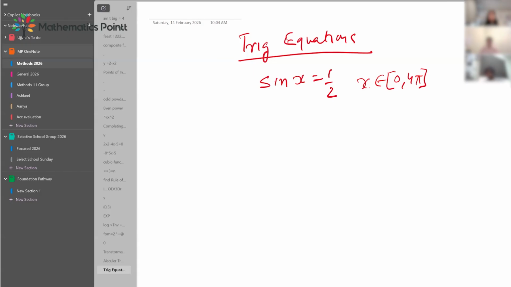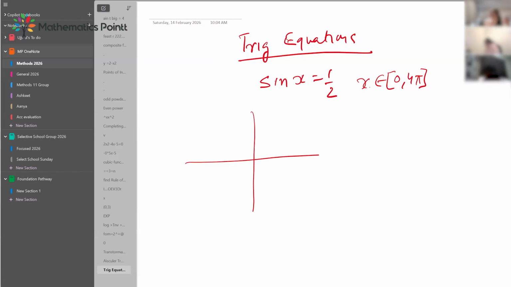Listen to what I'm teaching, and in the meantime, quickly grab from your exact value table: when is sine x half? What pi value? Just keep it with you. I will need it. What value of x gives me sine half?